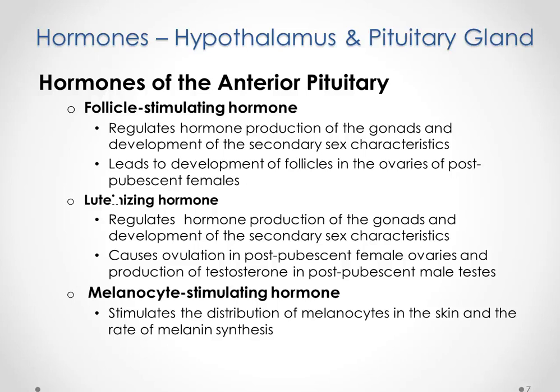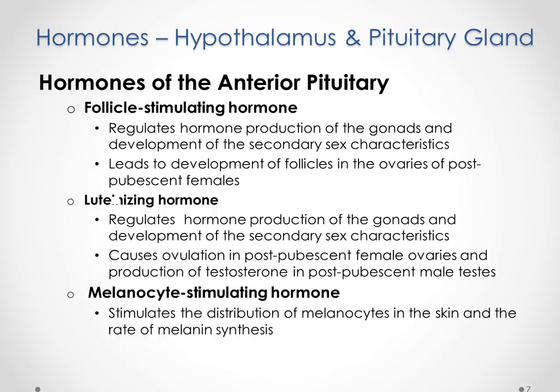An increase in luteinizing hormone is going to cause ovulation in the ovaries. This is where the egg is going to leave the ovary and go into the fallopian tubes. In males, the luteinizing hormone is going to play in production of testosterone once that male is post-pubescent.